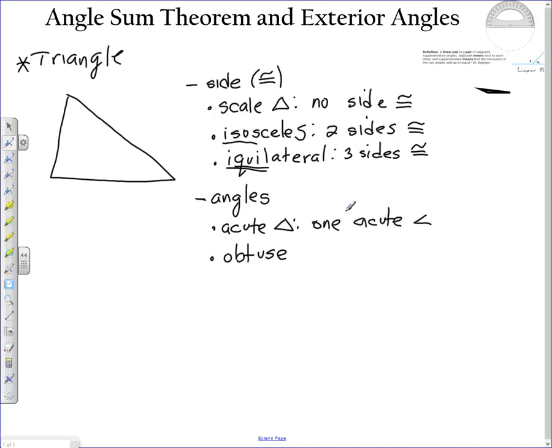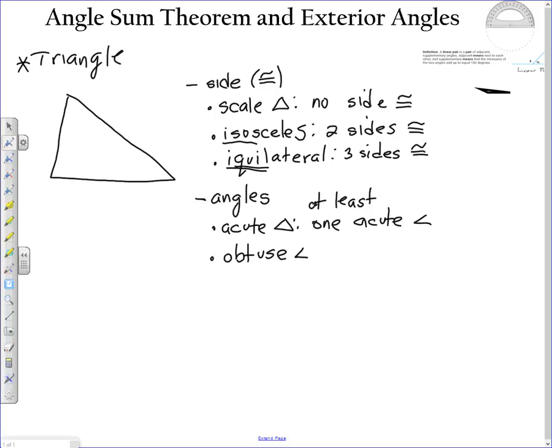There could be two, there could be three, but at least one of them has to be acute. So that is an acute triangle.